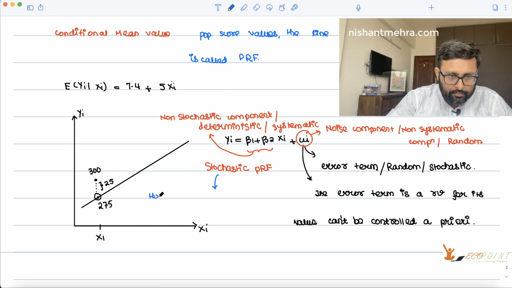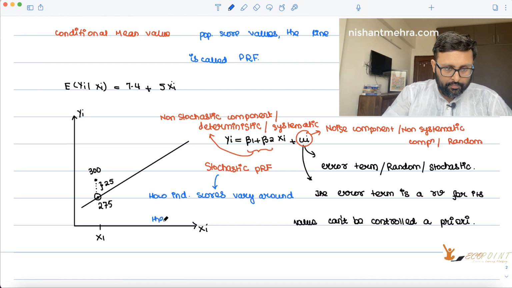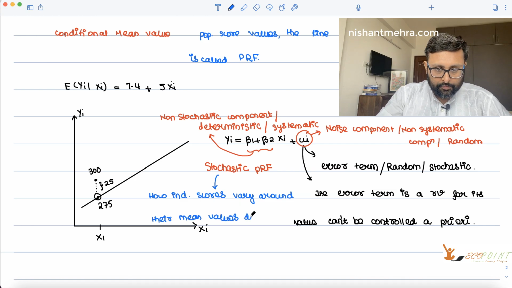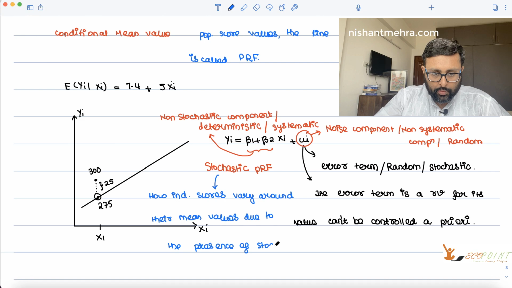So, how individual scores, here these are CBSE scores, vary around their mean values due to the presence of the stochastic error term.